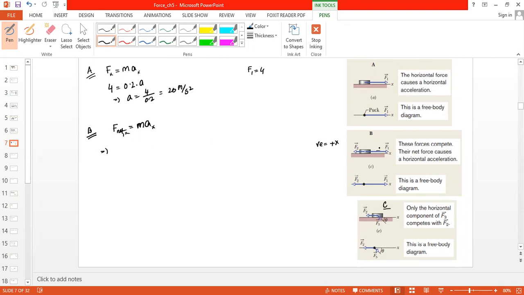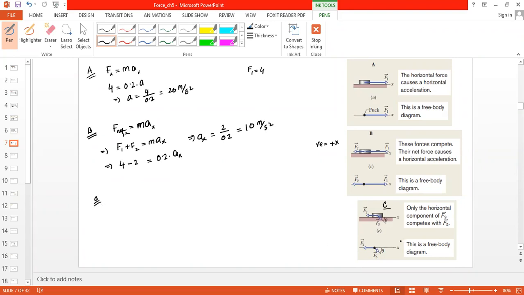F net is F1 plus F2 equals max. My F1 is 4, F2 is 2 acting in the negative x direction, so 4 minus 2 equals 0.2 into ax. So ax equals 2 over 0.2, that is equal to 10 meter per second square. This is part B.